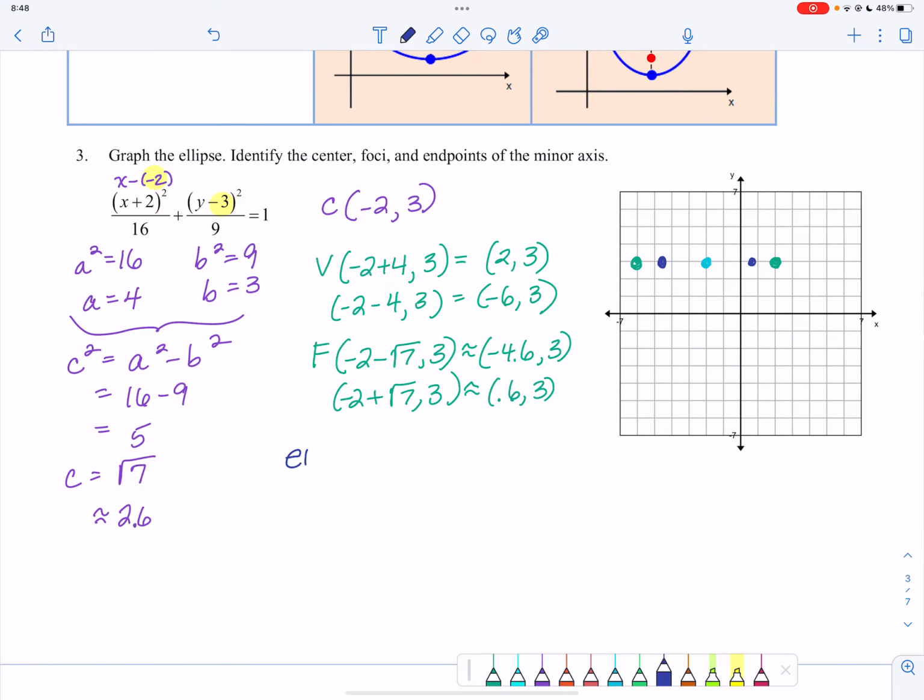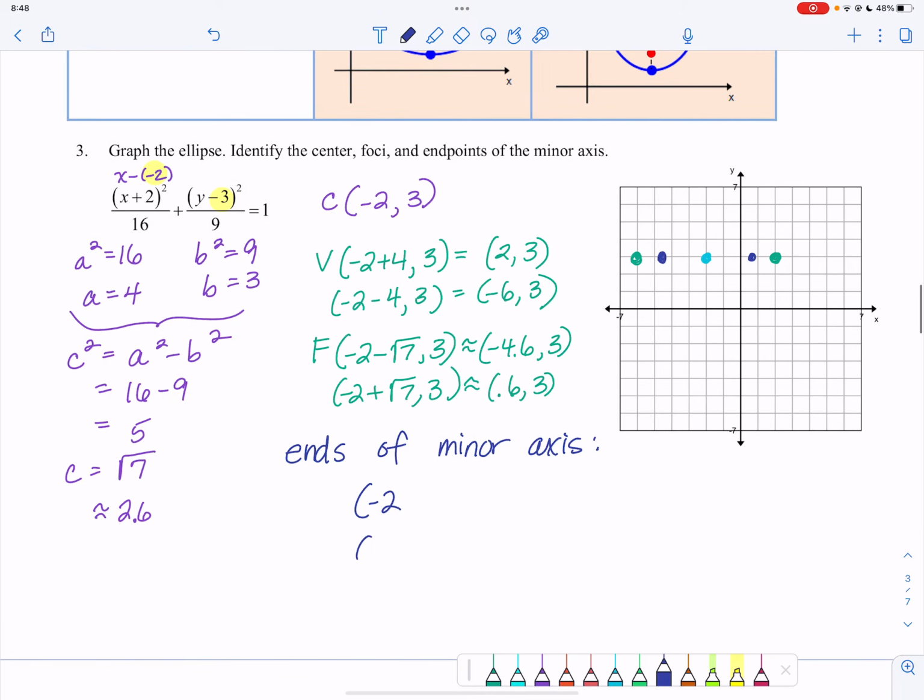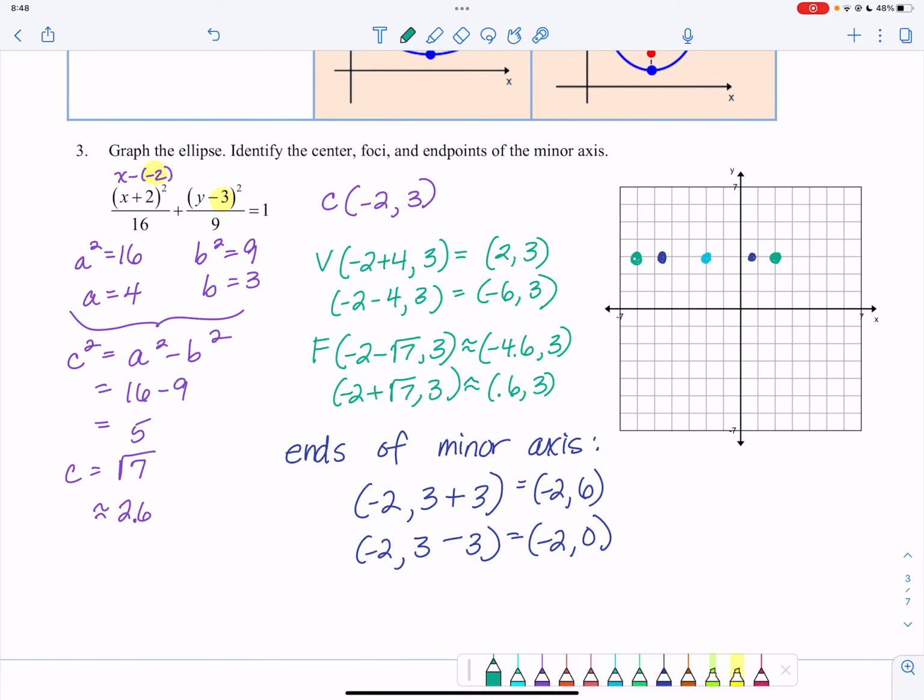So the ends of the minor axis, and we're going to have H, and then we're going to have K plus and minus B. So that would be negative 2, 6 and negative 2, 0. So let's see what we have. Negative 2, 6 and negative 2, 0. And that looks pretty good.